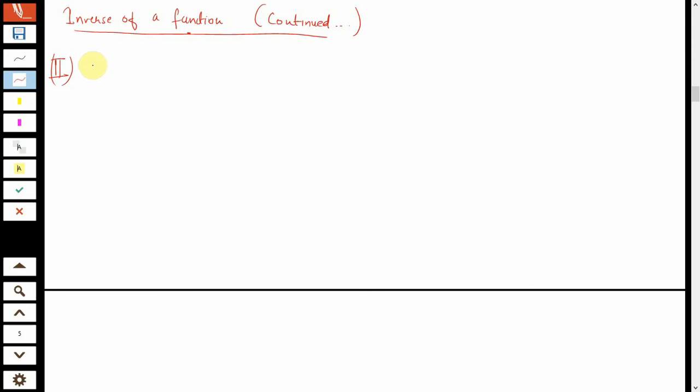So if we have a bijection, let f from X to Y be a bijection. We know that the inverse from Y to X exists, but the question is, is it a bijection? Then f inverse from Y to X is a bijection.